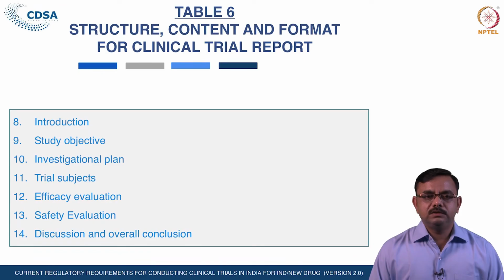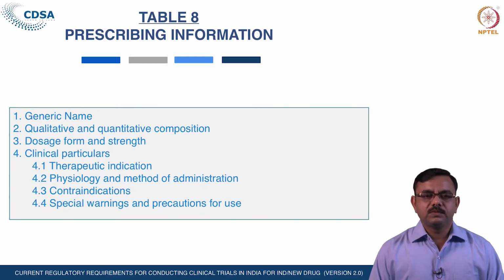This we have already seen in one of our lectures, and now we will see Table number 8, which is for the prescribing information. What should be the content of the prescribing information? In the prescribing information there should be the generic name, then the qualitative and quantitative composition of the drug, dosage form, and strength.